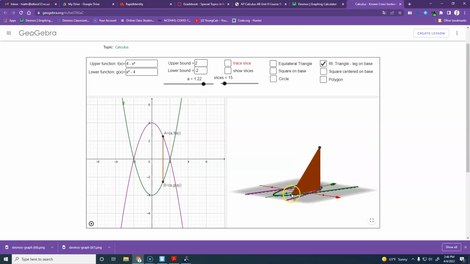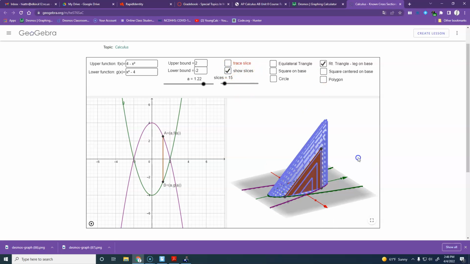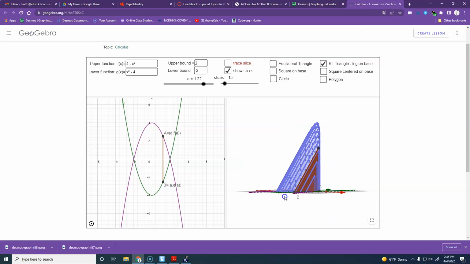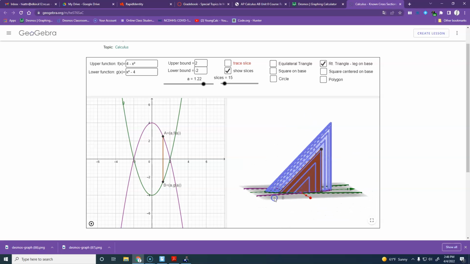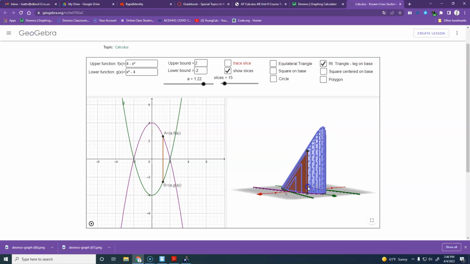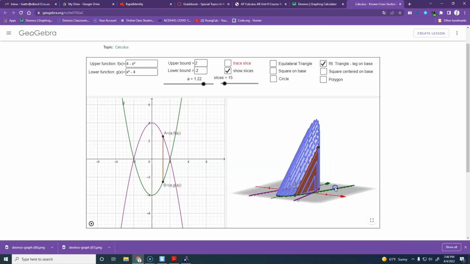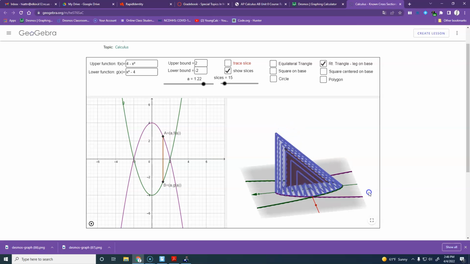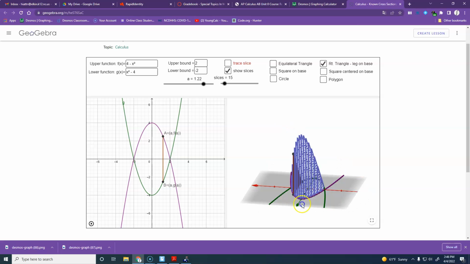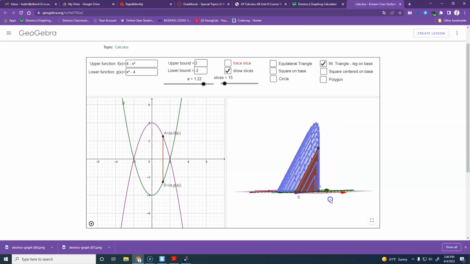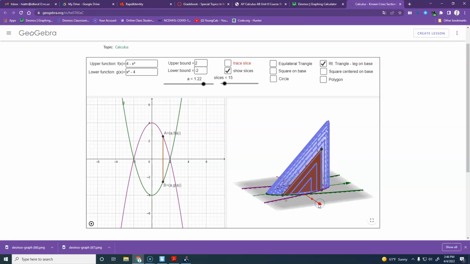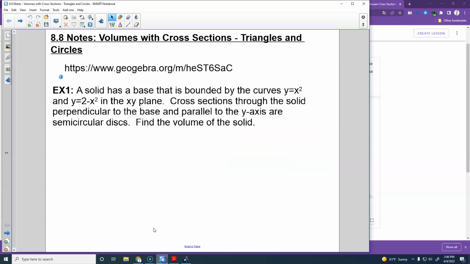Your base and your height are perpendicular to each other, and that would look like this. It's similar, but you take the one we just had and put it over to the side. So these are the types of cross sections we'll be looking at today.